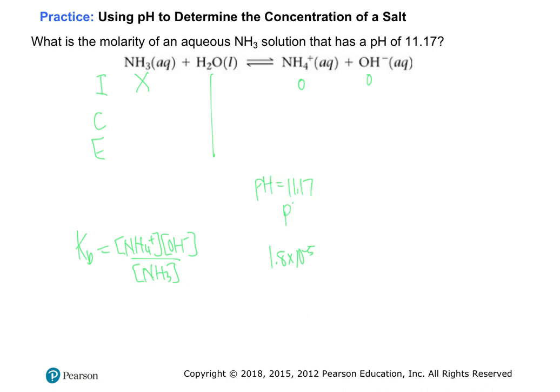So then I can find the pOH, which is 14 minus that. So I end up getting 2.83. So then my hydroxide concentration is 10 to the negative 2.83, which is 1.48 times 10 to the negative 3 molar.